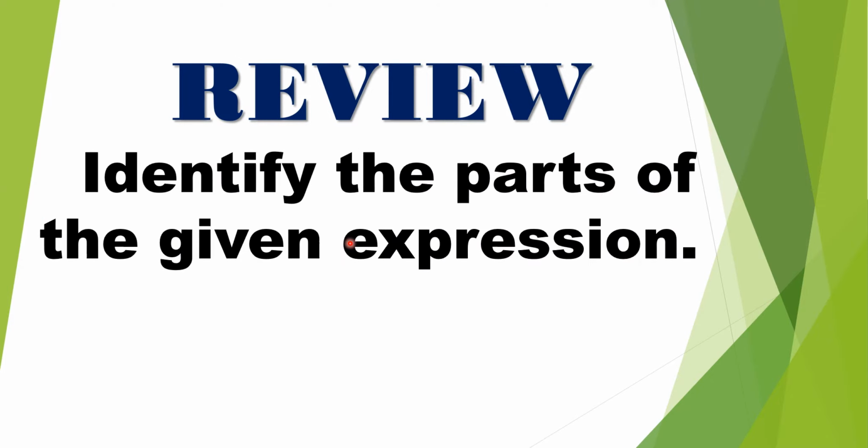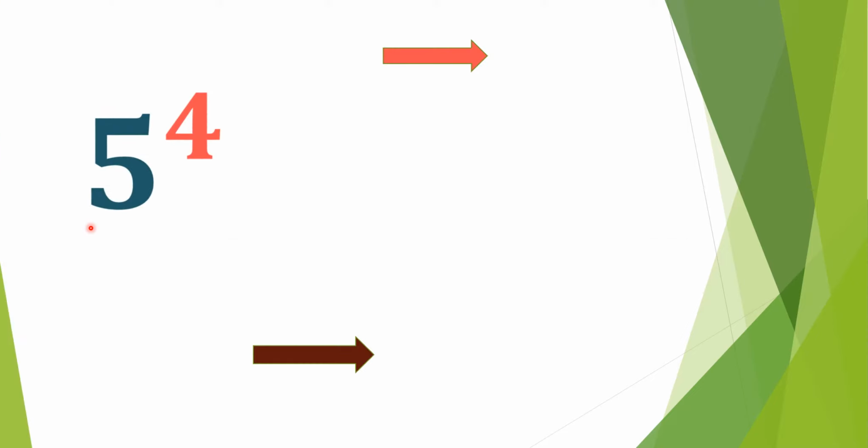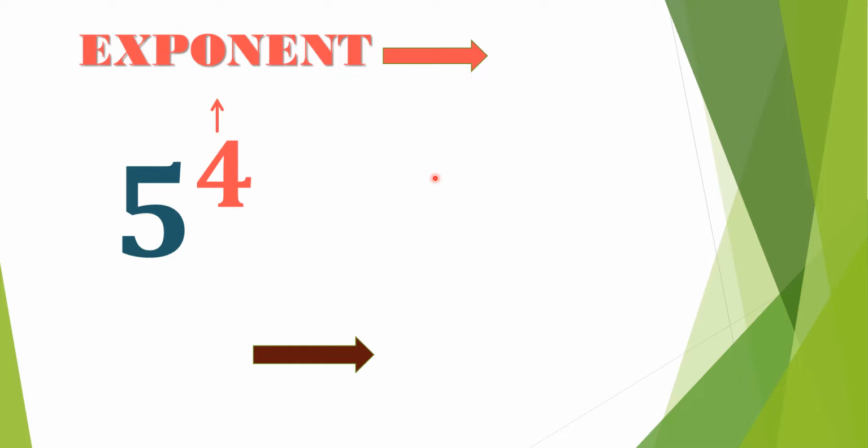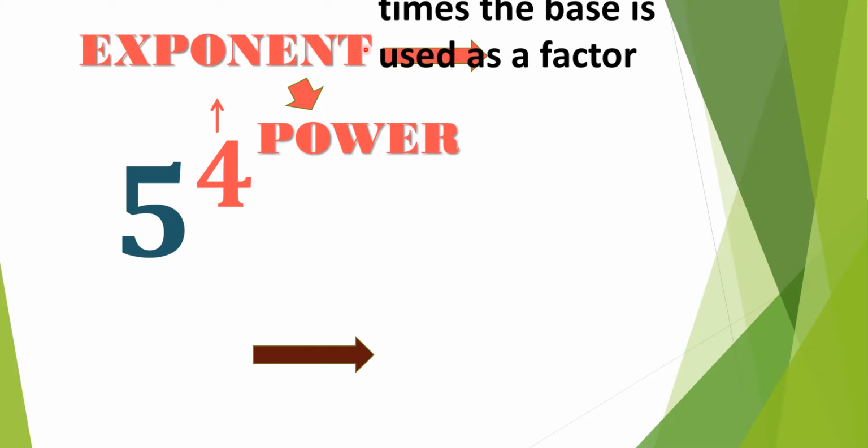Okay, so let's have a review. We are going to identify the parts of the given expression. Okay, given 5 raised to 4. 4 is the exponent or tinatawag din ito na power.